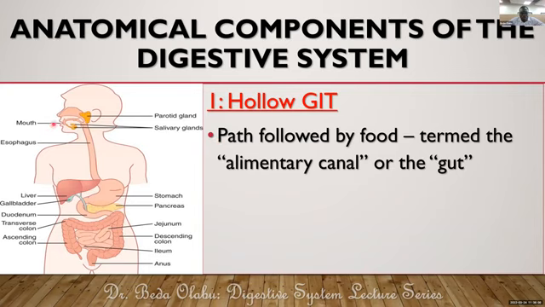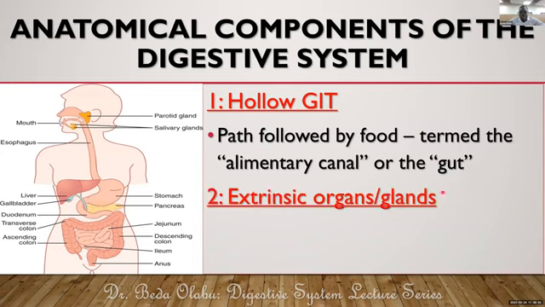So remember, when you swallow, food goes through the mouth, and just follow all that channel until one day, it comes out through the anal canal, of course, what remains. So the part that is followed by food is what we call the hollow GIT. You can call it the alimentary canal or the gut.